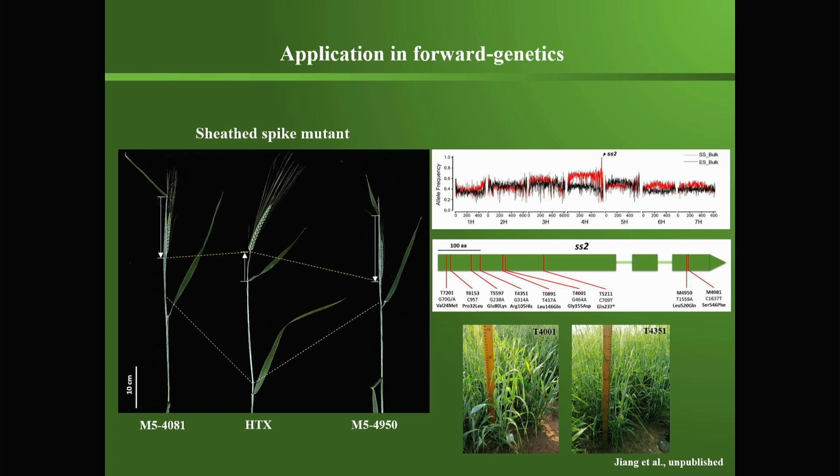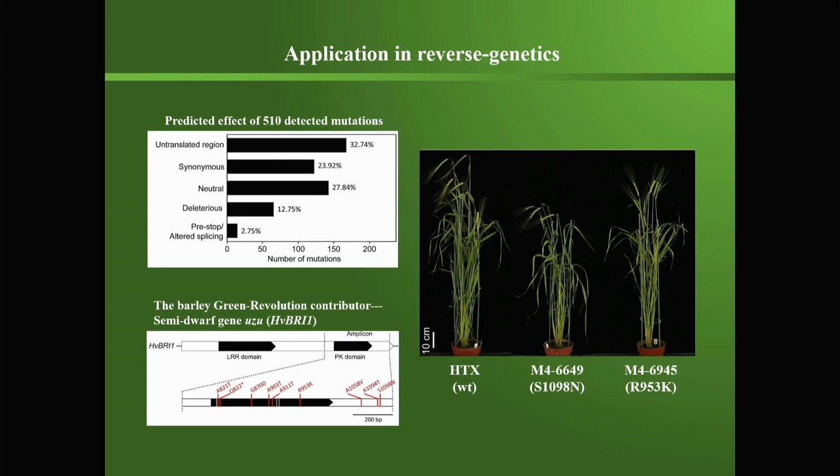Some homozygous individuals in these mutation lines have been observed with schist spike phenotype. Functional studies on this candidate gene are ongoing. This mutagenesis population would also be valuable for reverse genetic research.